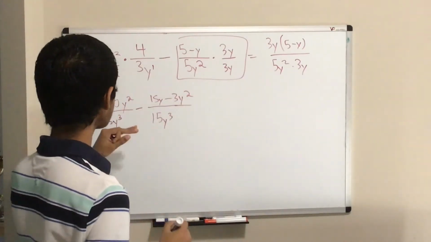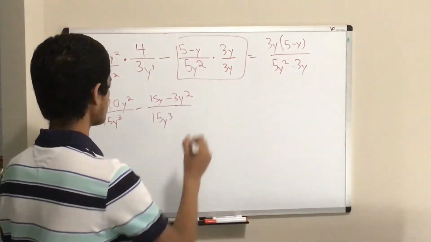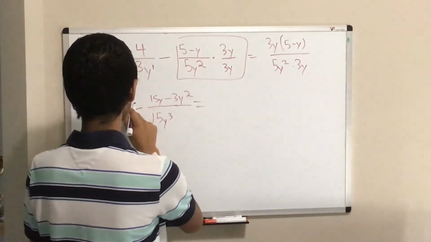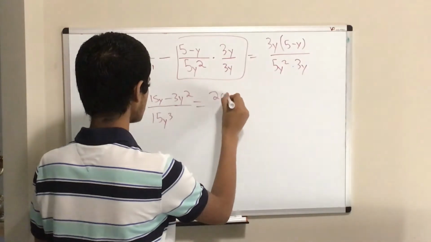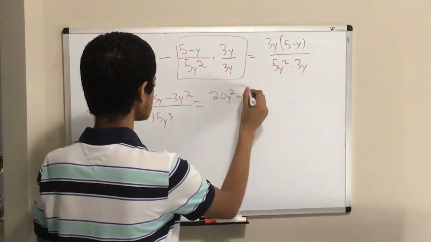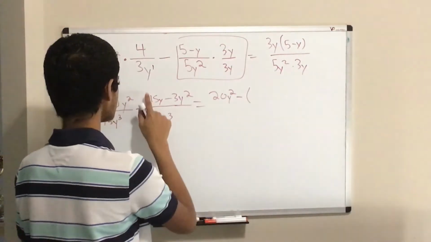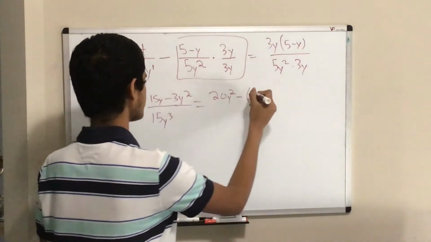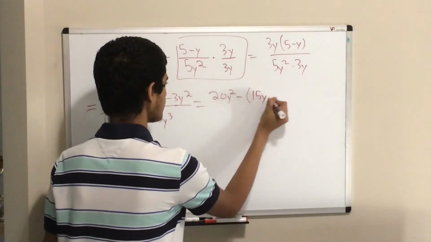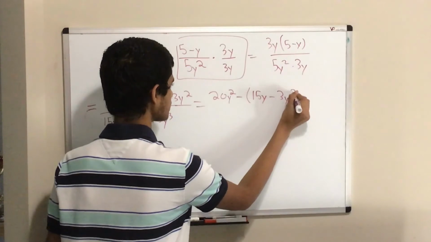Okay, so now we're just ready to combine these together. So this is going to give us 20y squared minus, in parentheses, because this is subtracting the whole numerator over here, 15y minus 3y squared.